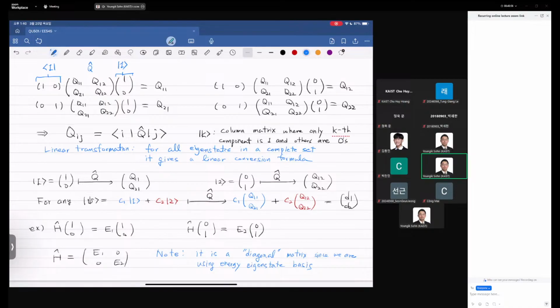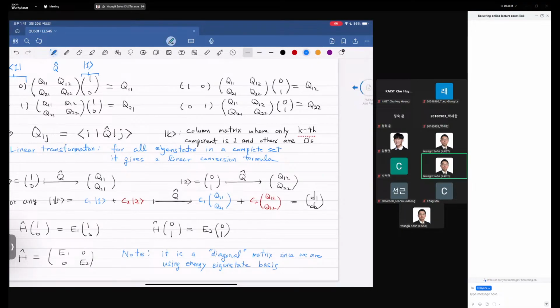But let's say you have momentum eigenstates as a basis, and then you express your momentum operator as a matrix, and you will get the same behavior: a diagonal matrix with all the momentum eigenvalues listed diagonally.